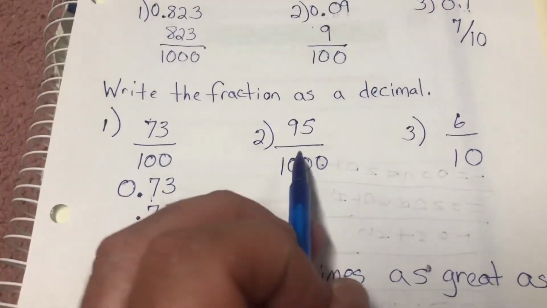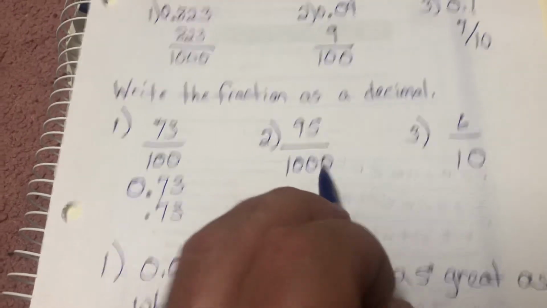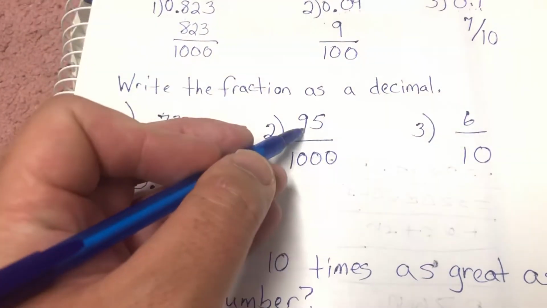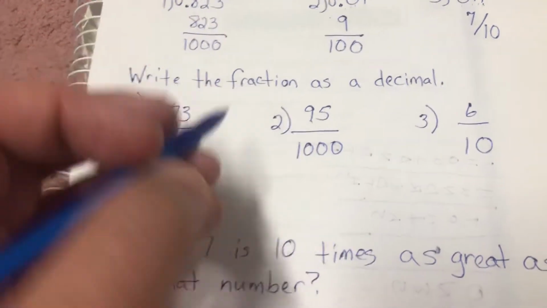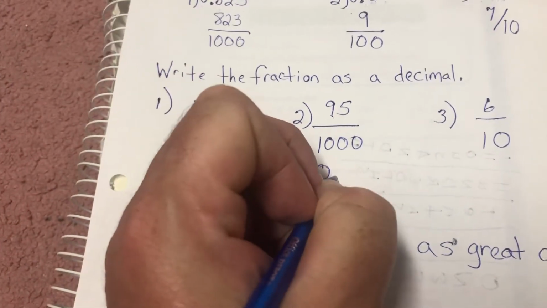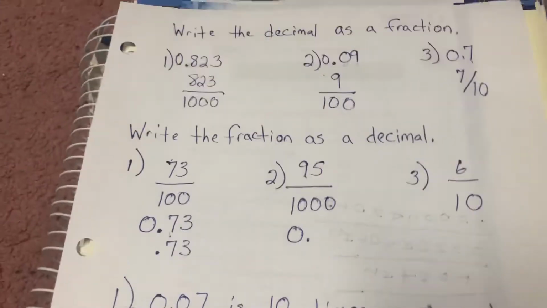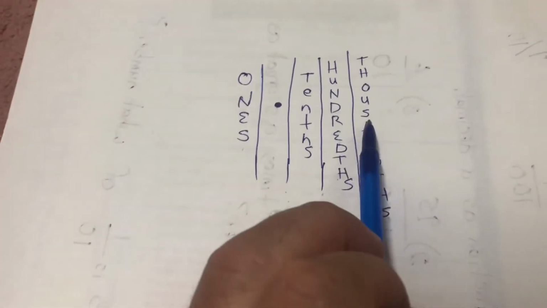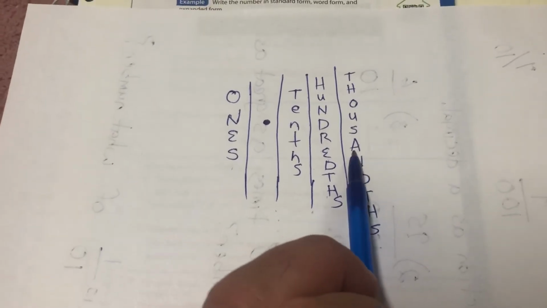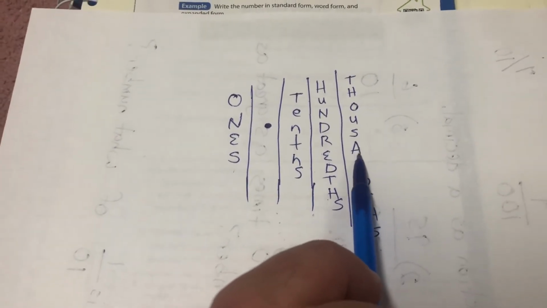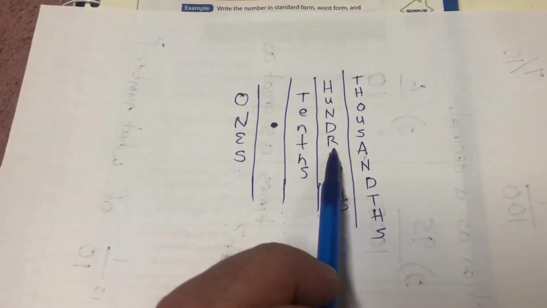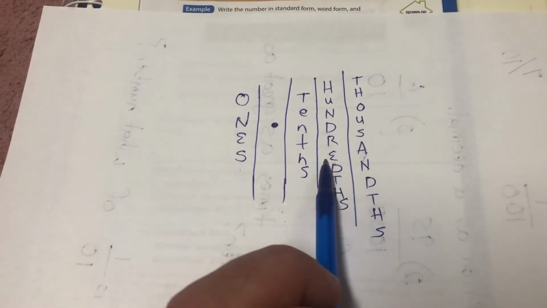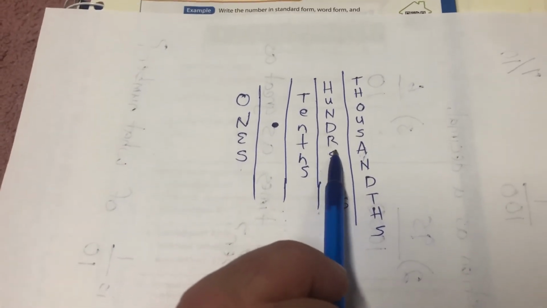All right, so now I have 95 over 1,000 for number 2, or 95 thousandths, or 0 and 95 thousandths. Now if I refer back to my place value chart, if this is 95 thousandths, my 5 has to go in the thousandths place. And if my 5 is going to go in the thousandths place, then since it's 95 thousandths, my 9 has to go in the hundredths place.